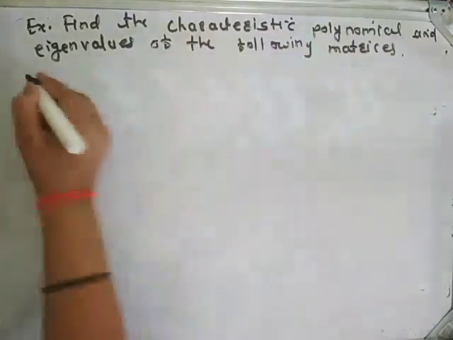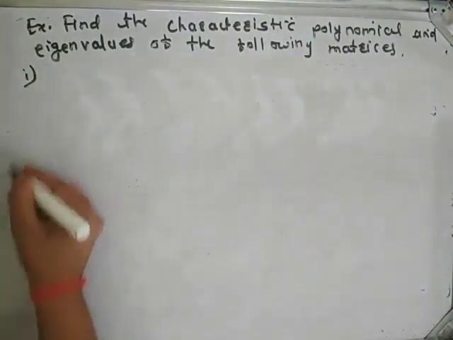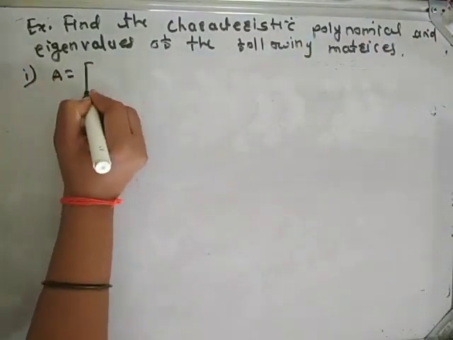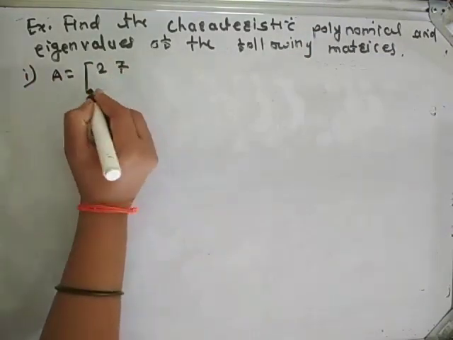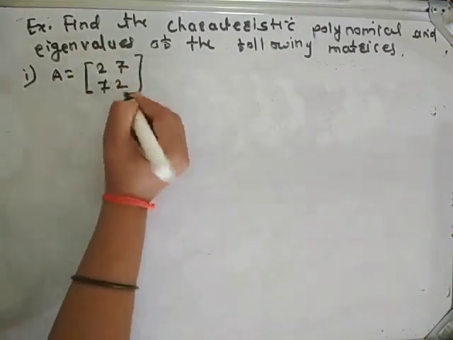First matrix is A equals matrix 2 7 7 2.